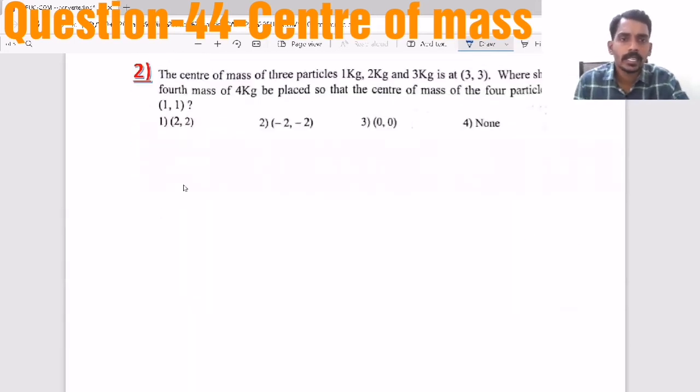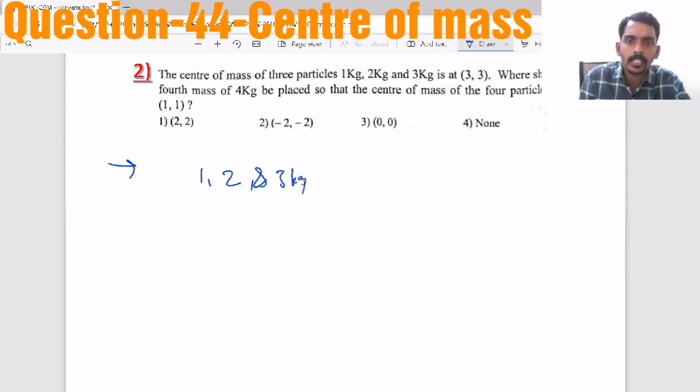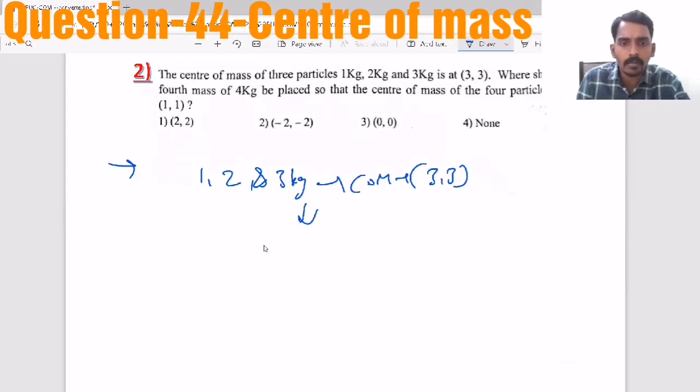Now, the center of mass of a three particle system is 3, 3. Where should the fourth mass of 4 kg be placed so that the center of mass of the four particles is at 1, 1? These three particles, 1, 2 and 3 kg, have center of mass at 3, 3. Then you can replace them like a single mass of 6 kg at 3, 3.